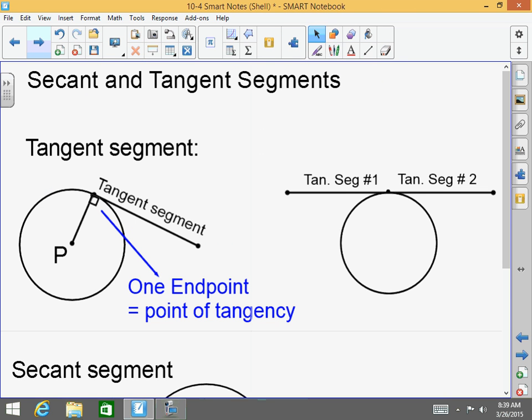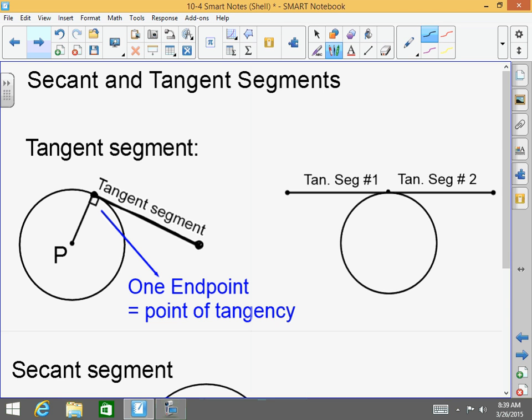Secant and tangent segments. When you have a tangent segment, it's the same as a regular tangent, except it's an external segment. But instead of it being a line that continues forever, it literally is a tangent, and it ends. There's 2 endpoints. Same postulate, though.